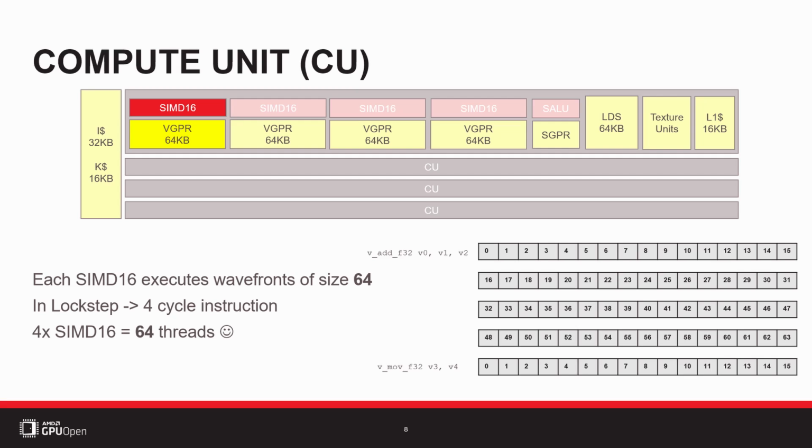Each instruction gets issued 4 times, each time with 16 threads, so that in the end we have a total of 64 threads. In this example, we first have an addition. This gets scheduled 4 times: first the 16 threads, then the second 16 threads, and so on. Once we have issued all 64 threads, we can move to the next instruction, in this example the move instruction.